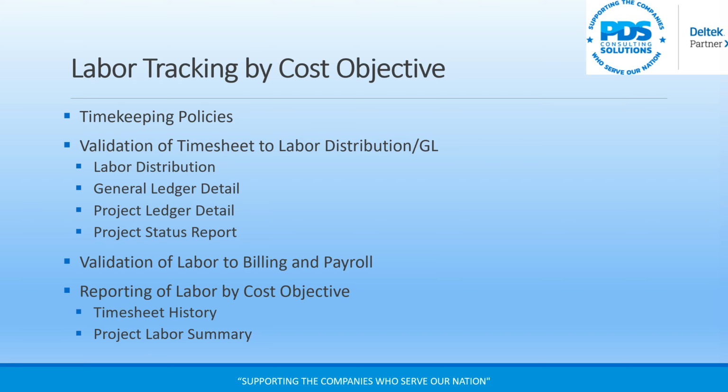So that means a labor distribution using your general ledger detail reports to look at total labor, and then using your project ledger detail reports, which come canned out of Costpoint directly along with your project status report, to track the different streams of labor that have been charged against your project, so that you can validate at the end of the day your labor to billings and your labor charges to your payroll to tie those out.